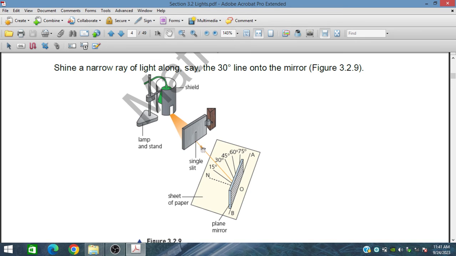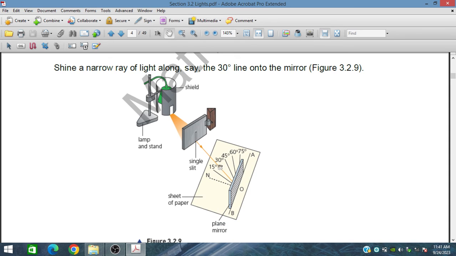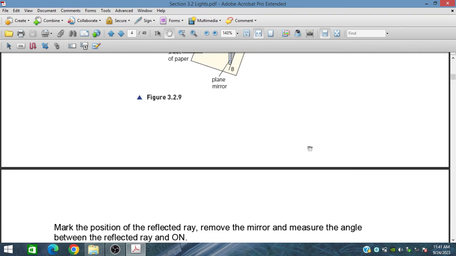So this ray of light is coming from this side. Shine a narrow ray of light along, say, 30 degrees. Suppose this is 30 degrees. If rays are coming in at 30 degrees, they will be reflected at 30 degrees.